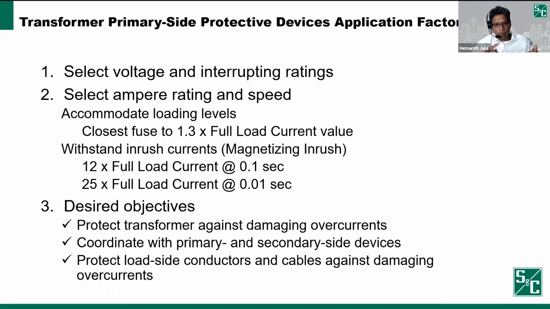The one point that we've always seen commonly used is 12 times the full load current at 0.1 second and 25 times full load current at 0.01 second. It'll be evident when we look at the TCC plot in the next slide. Those two show up as points on the TCC plot, and you want to make sure that your fuse doesn't operate for those 2 points.